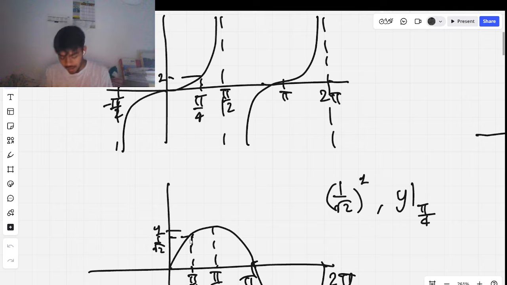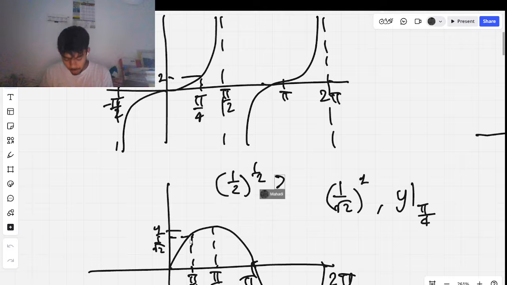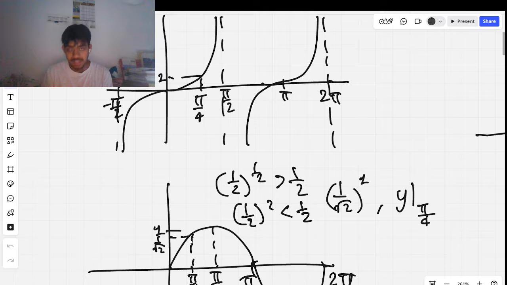For instance, if I have a half raised to a half, that's going to be more than a half. But if I have a half raised to the half squared, then I will have something that is less than half. And I think that's very important to understand about values less than 1.